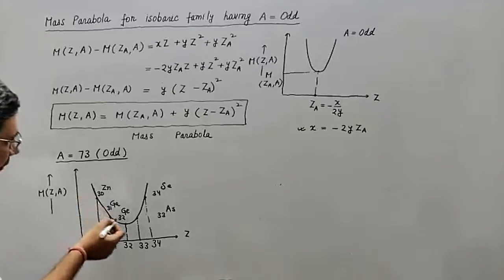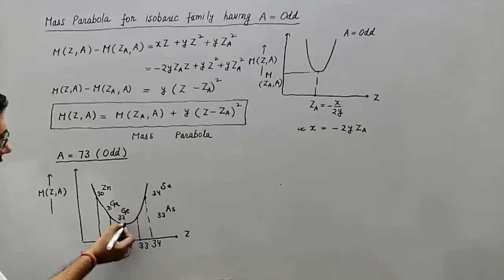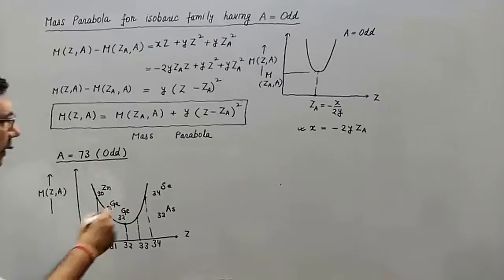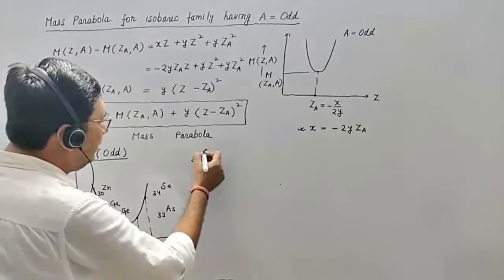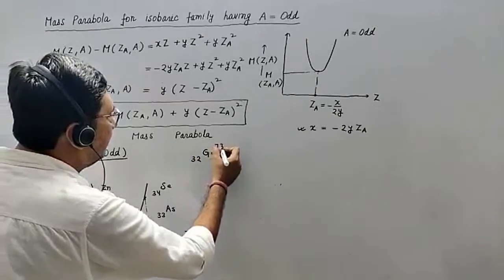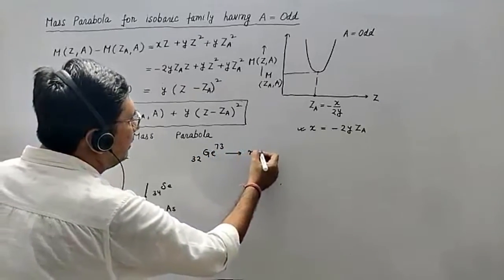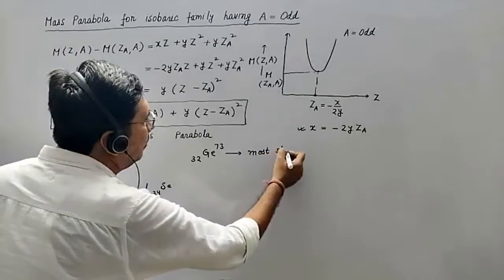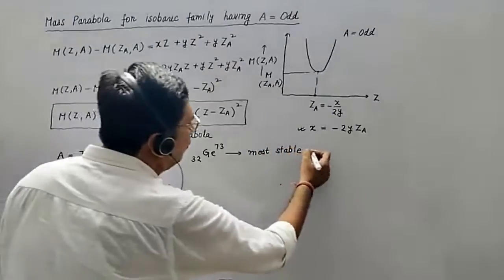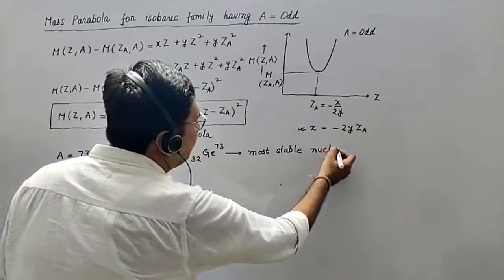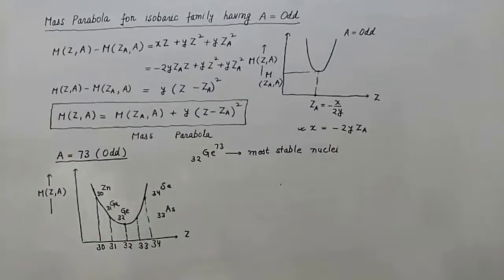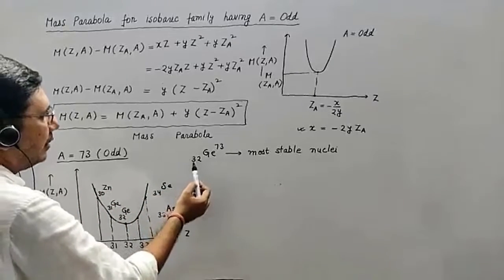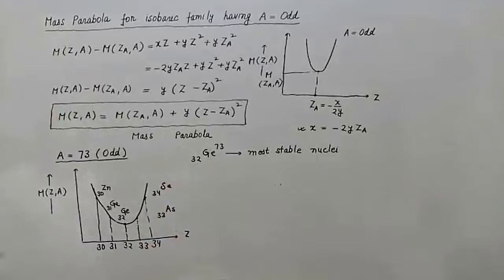Out of these 5 members, 32Ge73 will be the most stable nuclei, because it corresponds to the dip of this mass parabola. The mass of the 32Ge73 nuclei is the lowest.